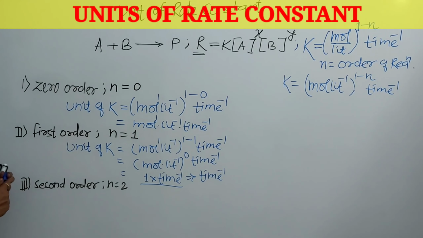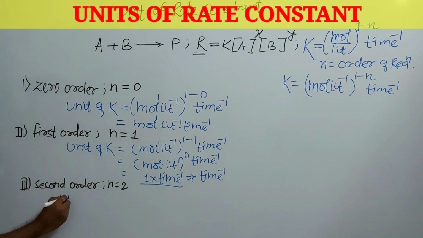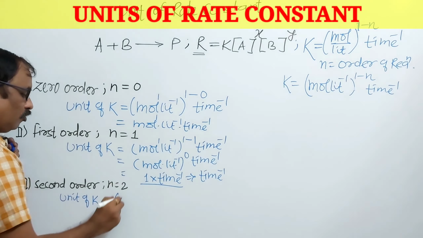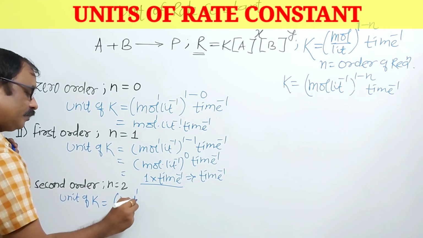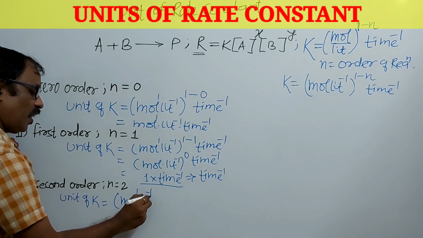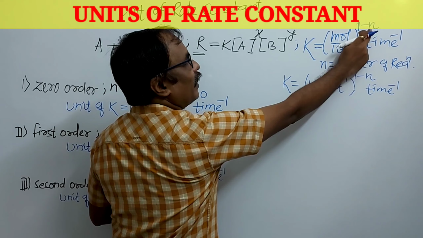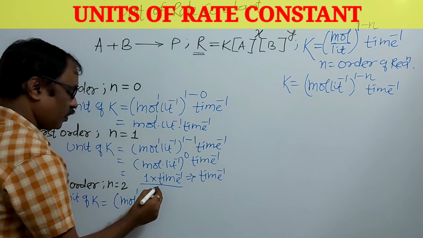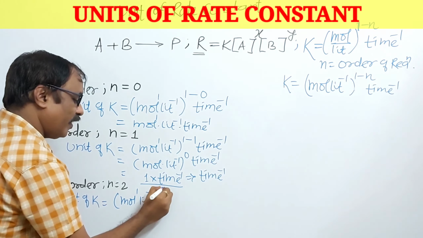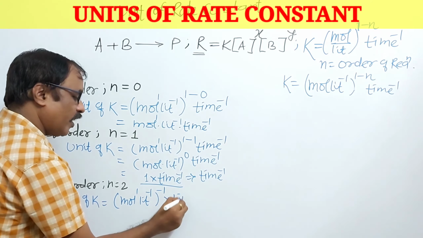Then what is the unit? Unit of rate constant is equal to mole to the power 1, liter to the power minus 1, raised to 1 minus n. Here n is 2. यानी 1 minus 2 and it is minus 1. So time inverse.